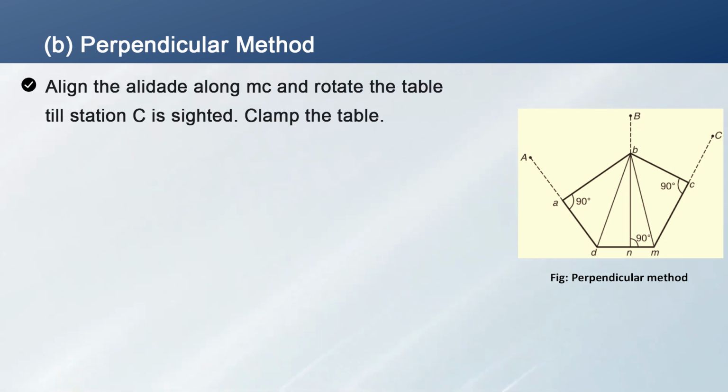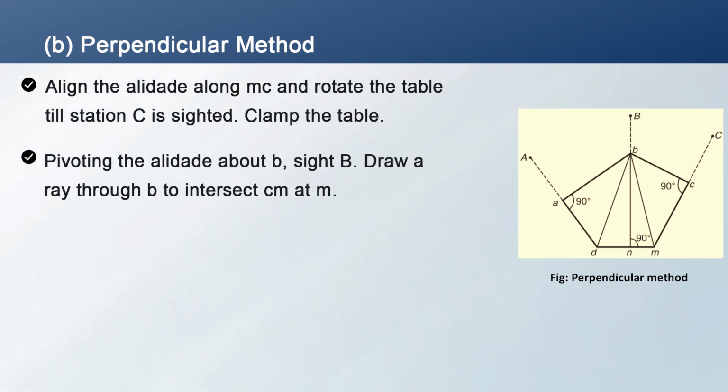Align the LED along small mc and rotate the table till station capital C is sighted and clamp the table, pivoting the LED about small b and sight capital B station.